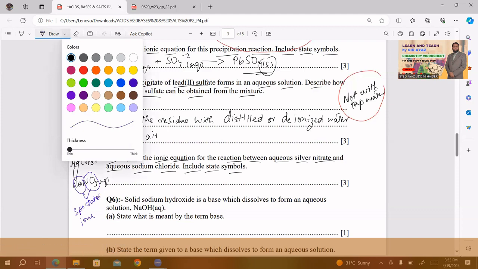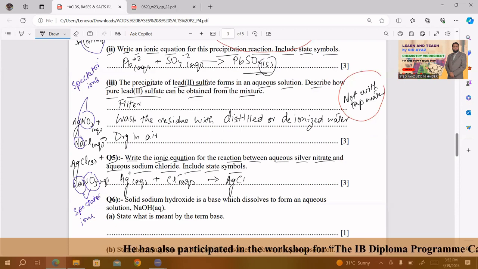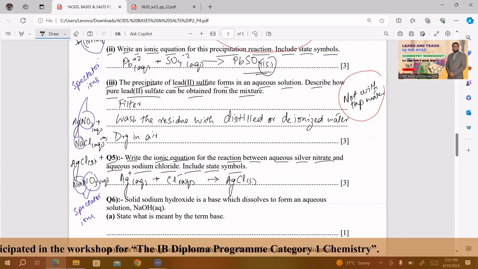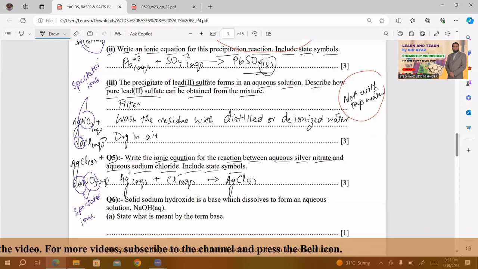Now we are left on the left hand side, that is the reactant side, with Ag+ aqueous plus Cl- aqueous, which gives AgCl solid. This will be the final ionic equation for this reaction. If you want to know more about the ionic equation, you can watch the videos. I will mention it in the comment box.